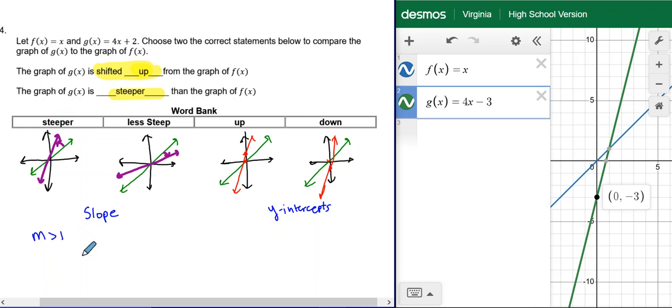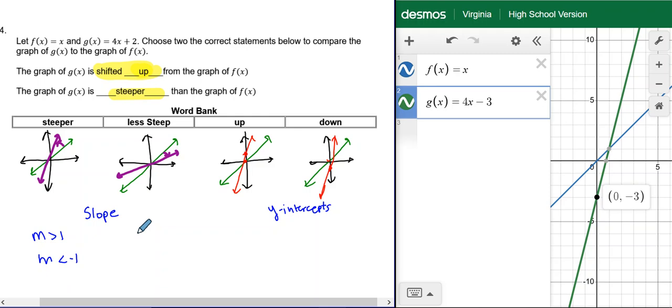So like 2, 3, 4, 5, 5.5, 5.6, any number that's greater than 1. You could also look at any number that's less than -1, so like -2, -3, -4, -4.5, numbers like that. They're going to be steeper.